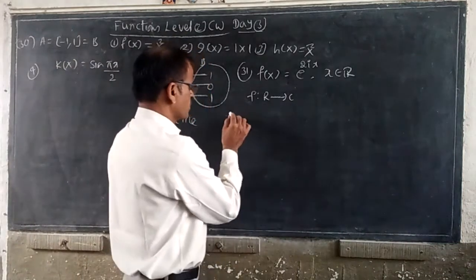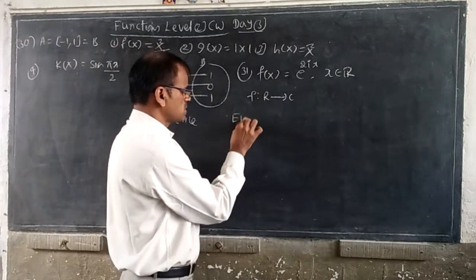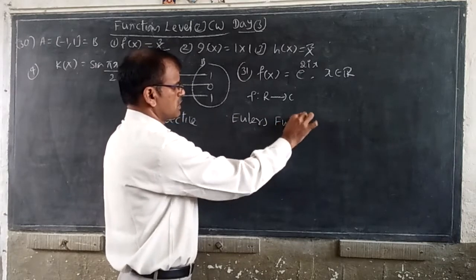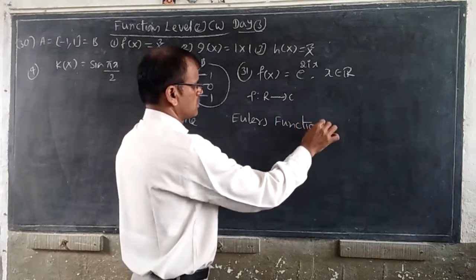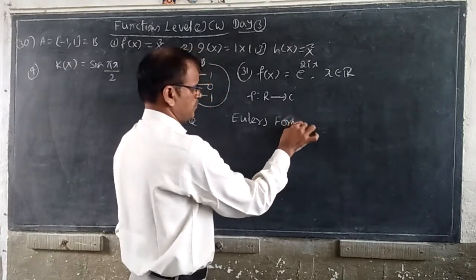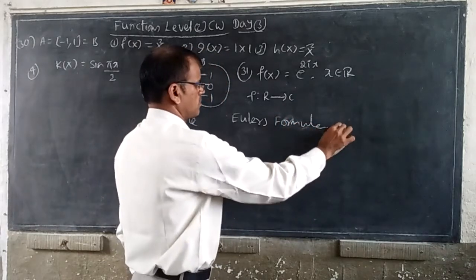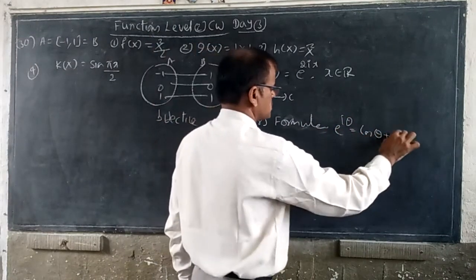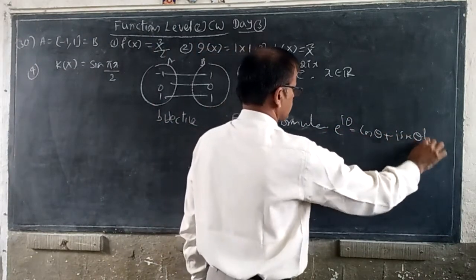Let us verify. Euler's formula, you will be learning in second year in the complex numbers chapter. Euler's formula: e power i theta is equal to cos theta plus i sin theta. This is Euler's formula.